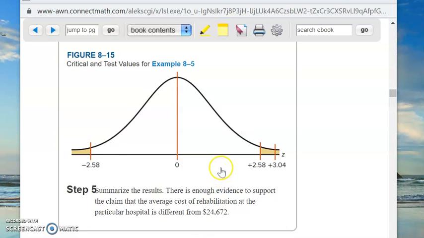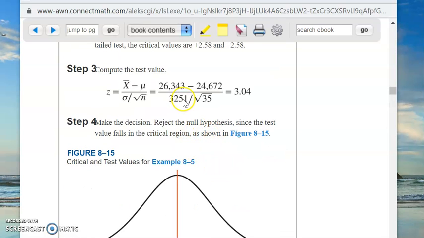So that's the 26,343. What's the probability of getting that exact number or even more extreme? 26,343 corresponds to a z-value of 3.04. What's the chance of getting that number or even more out to the extreme?